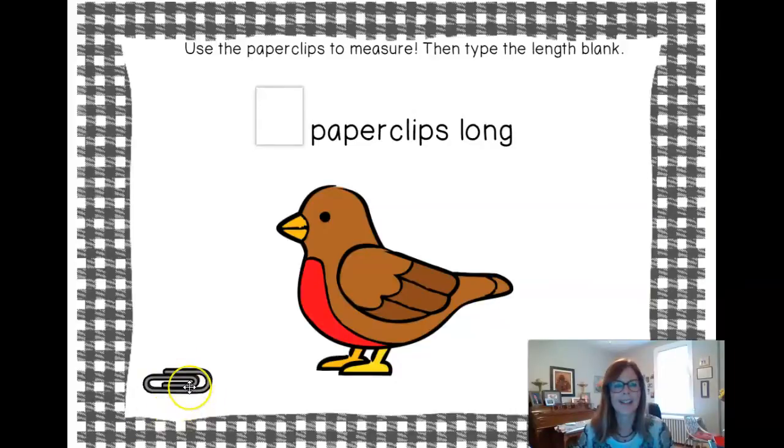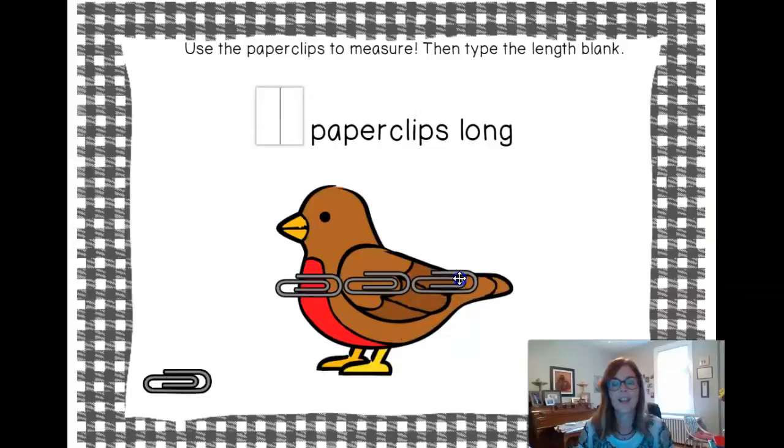Let's practice that. I'm going to use a paper clip to measure the length of the bird. And notice I'm going to try to put the paper clip even with the bird's beak. I'm using the same length paper clip, the exact same unit like we talked about. Oh, I'm making them touch without overlapping or leaving a space.